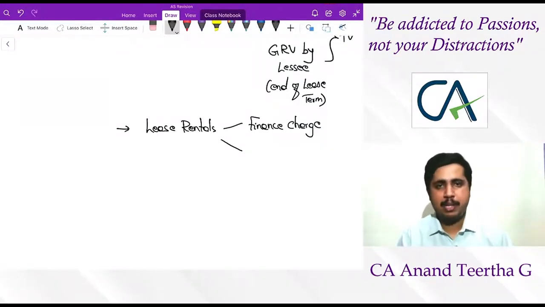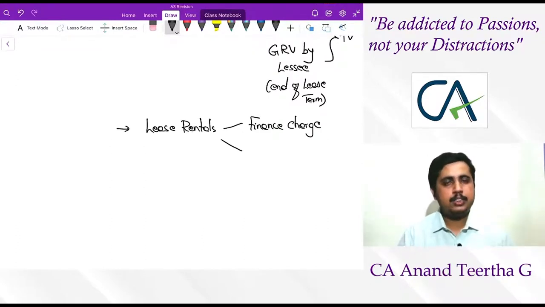Now what do we mean by that? Basically, if the value of the asset is 10 lakh, the total lease rental you are trying to collect will obviously be more than 10 lakh. Why? Because you are paying on a delayed basis, which means interest will be collected by the lessor from the lessee. It's not just the payment for the asset. If you make the immediate payment, it will only be towards asset.